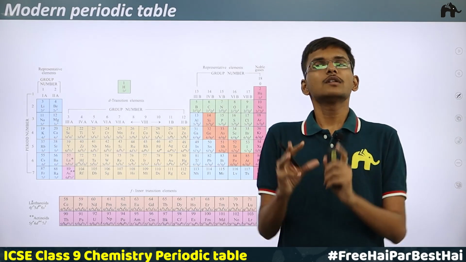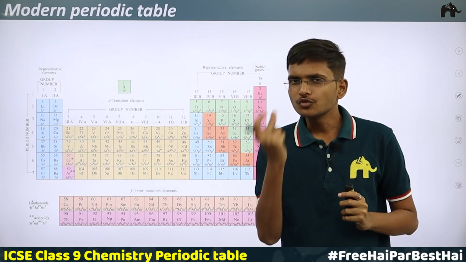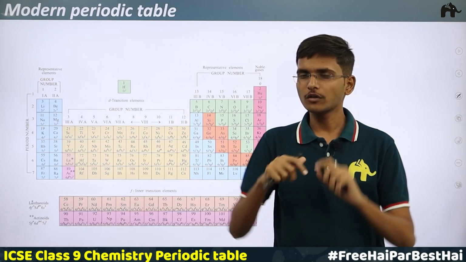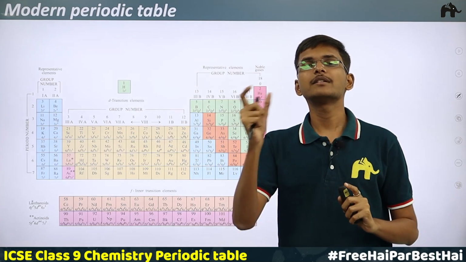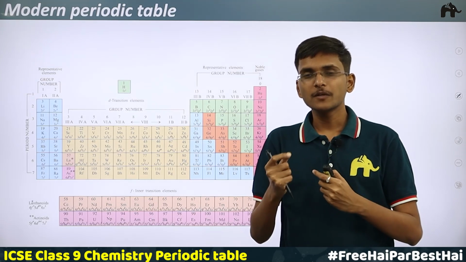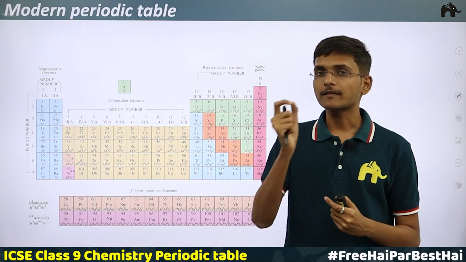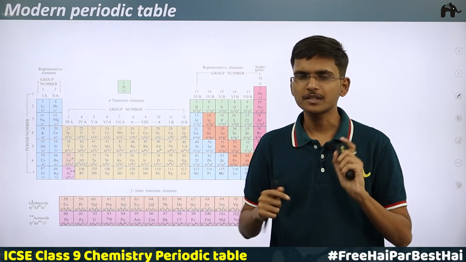So now, by making use of the modern periodic law, whatever was said in it, that the properties of the elements were observed to be similar after a particular interval of atomic number when we arrange the elements in the increasing order of their atomic numbers, right?